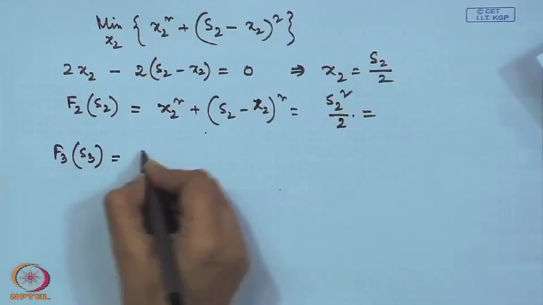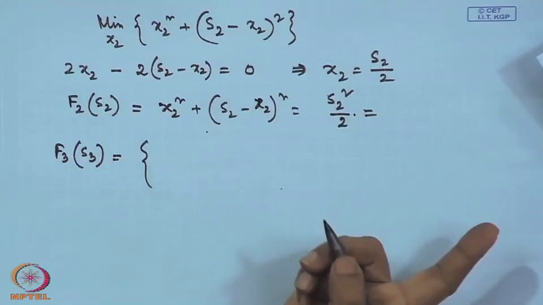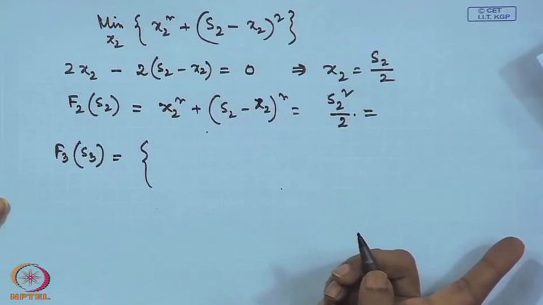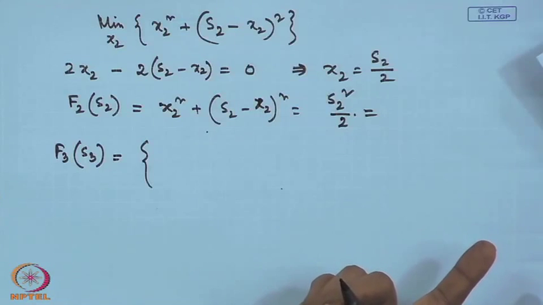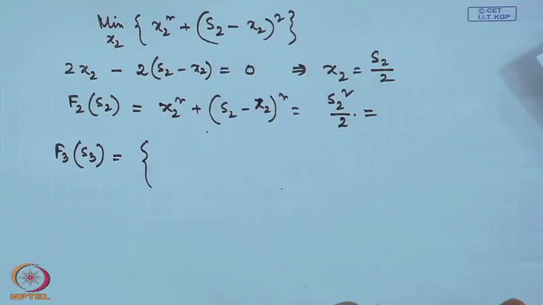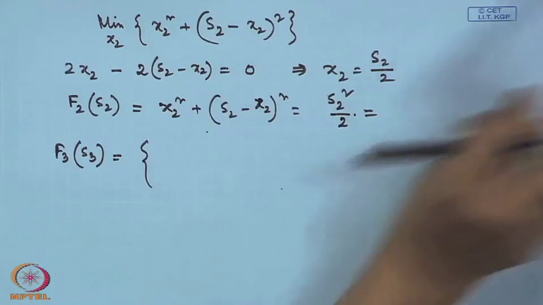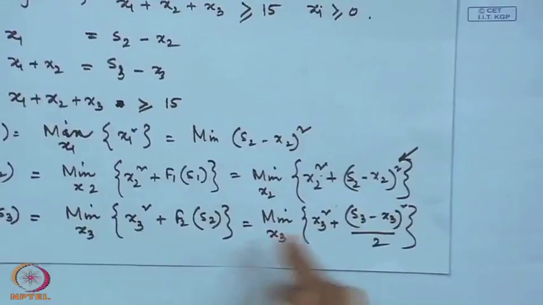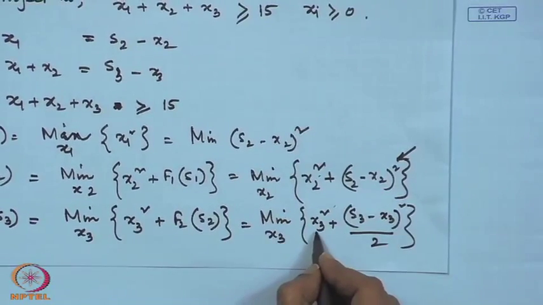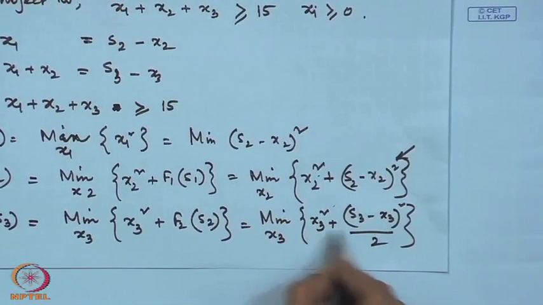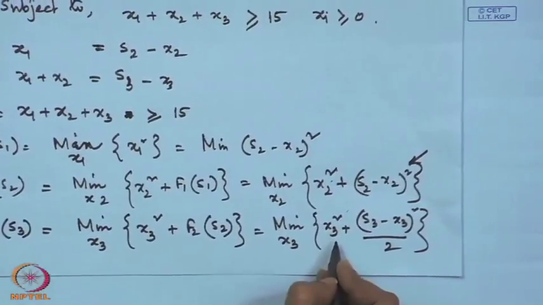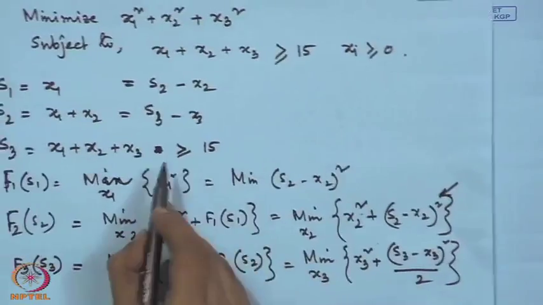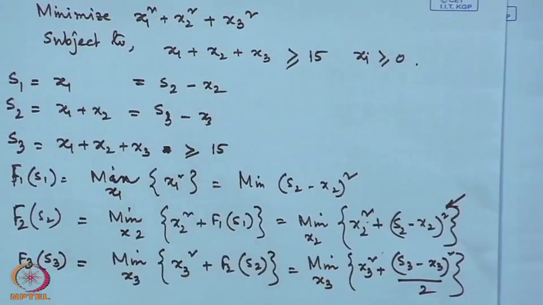And once we are calculating this, we will get f3(s3) is equal to, and we have reached the final state, and here the values are given: x1 plus x2 plus x3 can be minimum value 15, maximum value can be anything. Now, our problem is a minimization problem. If we apply the differential calculus technique here, whatever value for x3 we will get, that would be dependent on the value of s3. Therefore, the minimum objective function will be attained when s3 is equal to 15, clear.